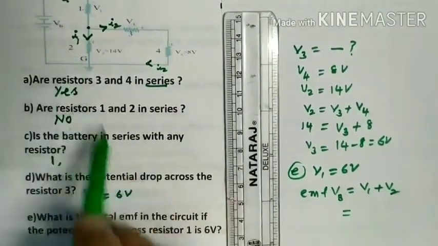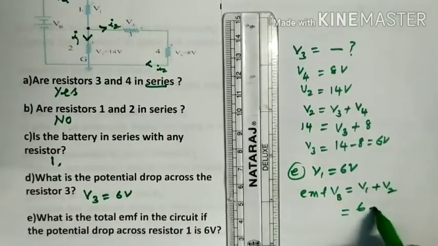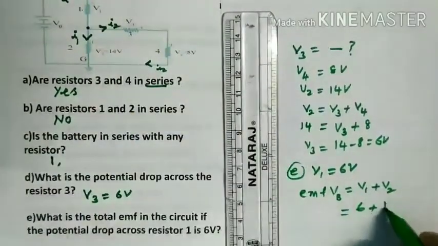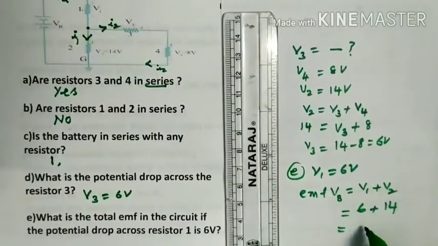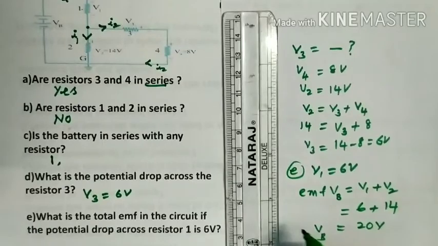V1 is 6 volts, V2 is given as 14 volts, so 20 volts. EMF VB is equal to 20 volts.